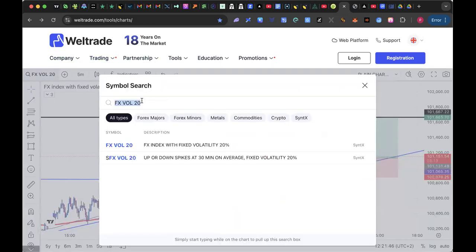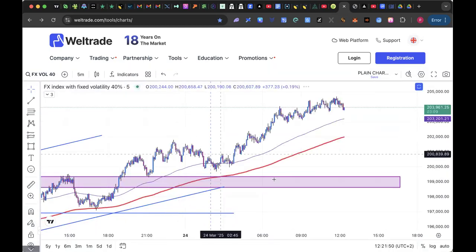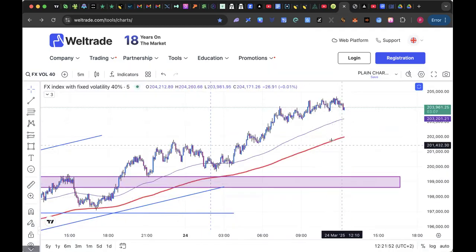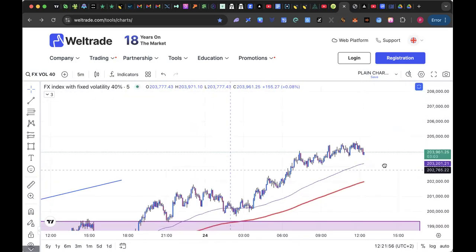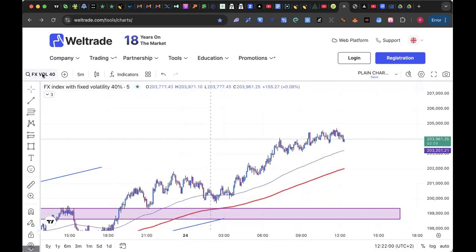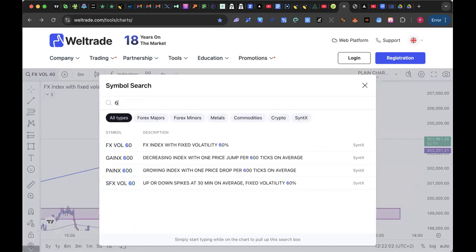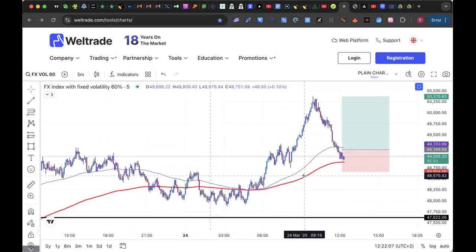So let's check 40. Okay, so 40 is a pullback to continue. Where's the key level? Very, very up here. 60. Okay, what do we say about this one?